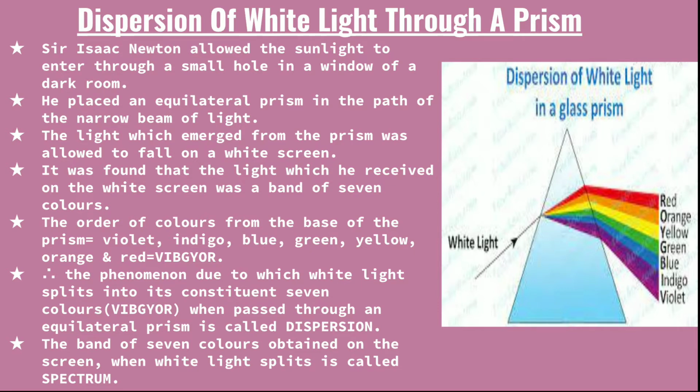The phenomenon due to which white light splits into its constituent colors, VIBGYOR, when passed through an equilateral prism, is known as dispersion. This band of the 7 colors obtained on the white screen is known as a spectrum.